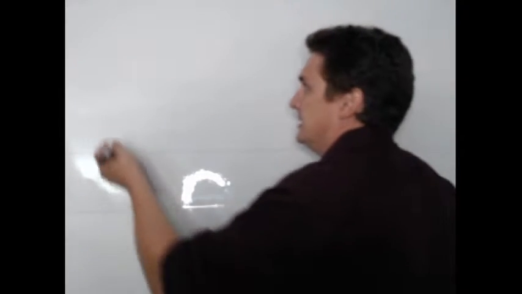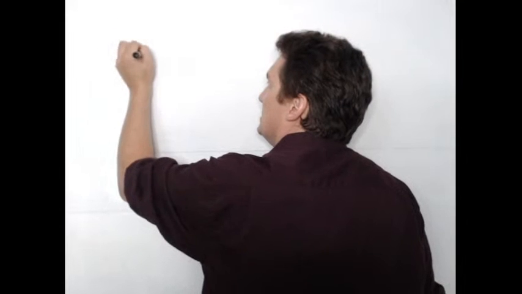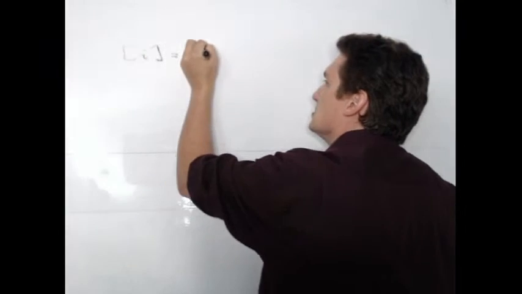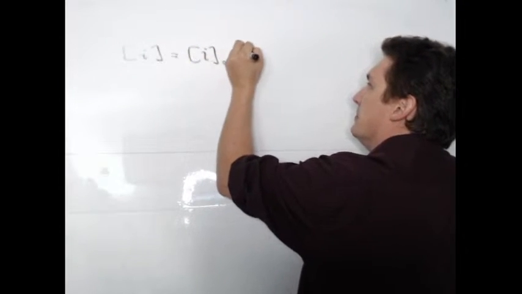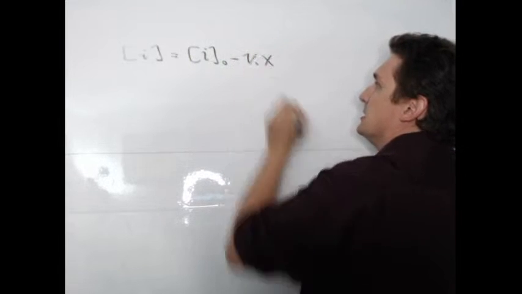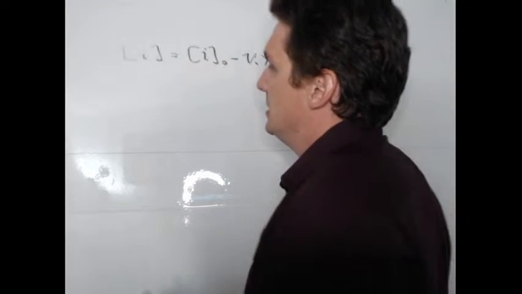It's got some nice properties that make it easy to convert from extent of reaction to whatever we're looking at. Now, there is a hidden advantage to it, and this shows up a lot more in reaction kinetics. The concentration of any species can be defined as its starting concentration plus its reaction coefficient times x.